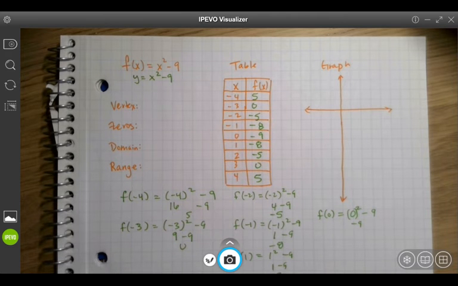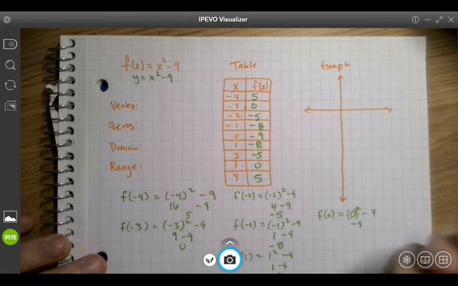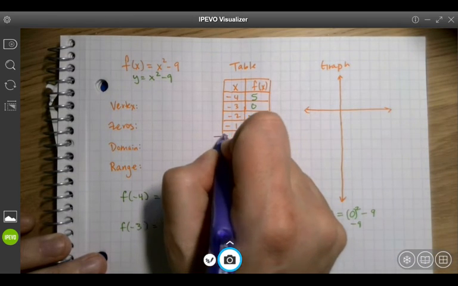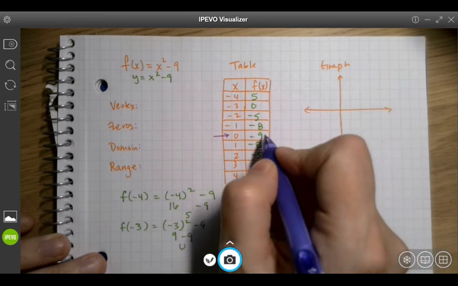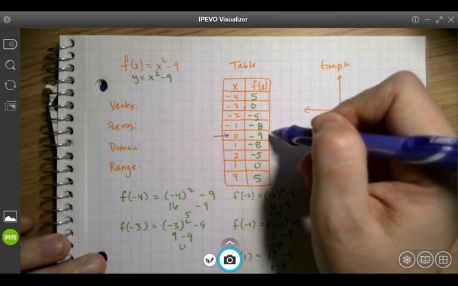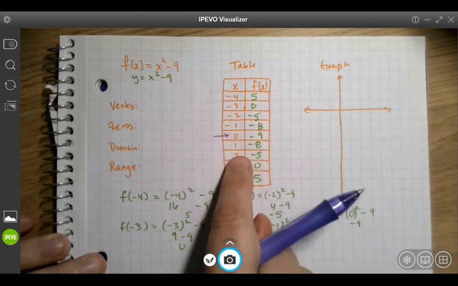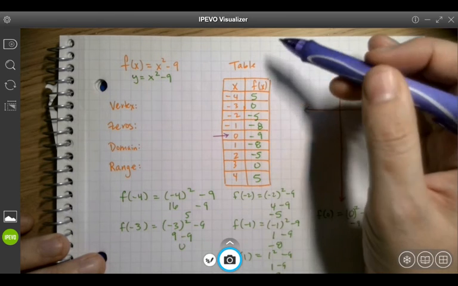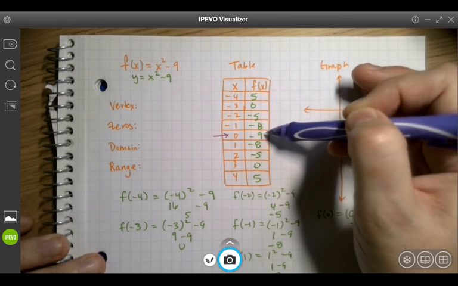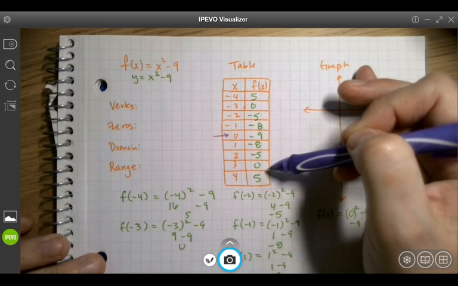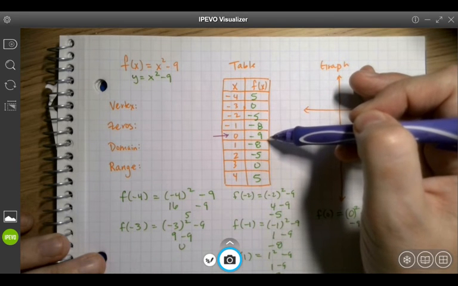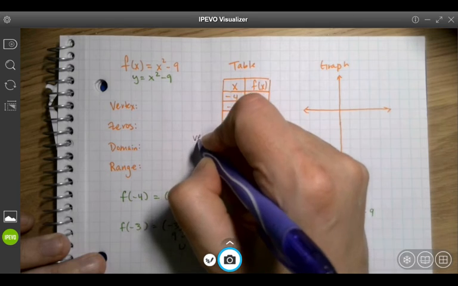Some key features in the table. When x is 0, y is -9. That output value of -9 is going to be our vertex, because you can see it goes 5, 0, -5, -8, -9, and now it turns around and starts going back up again. So the vertex is going to be right here at (0, -9).